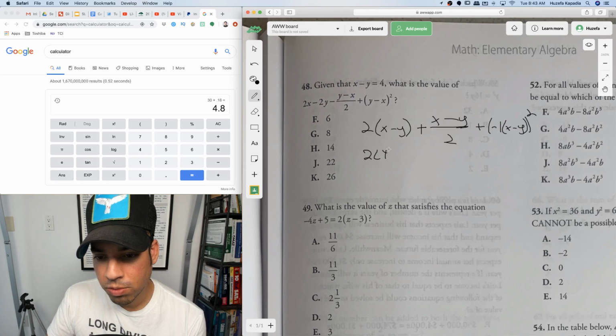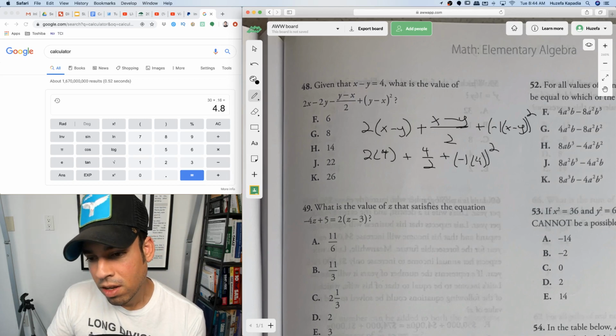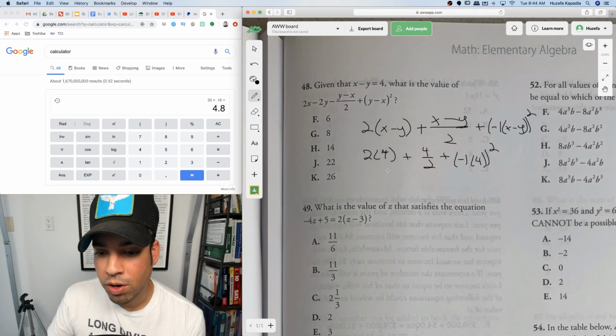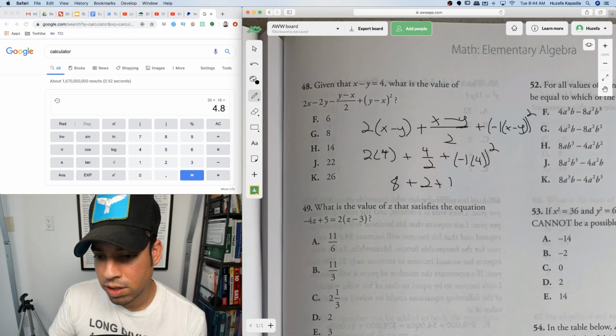That's 2 times 4, because that's what x minus y equals, plus 4 over 2 plus negative 1 times 4 squared. Now, of course, that negative 1 doesn't matter because we're squaring it, but leave it there anyways. That becomes 8 plus 4 divided by 2 is 2 plus 4 squared, or negative 4 squared, is 16. 8 plus 2 is 10 plus 16 is 26.